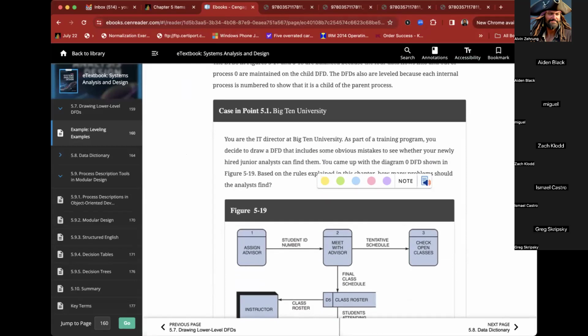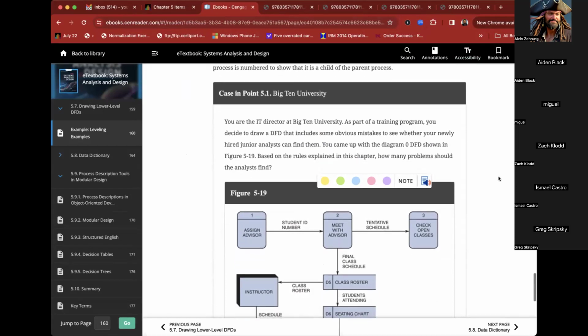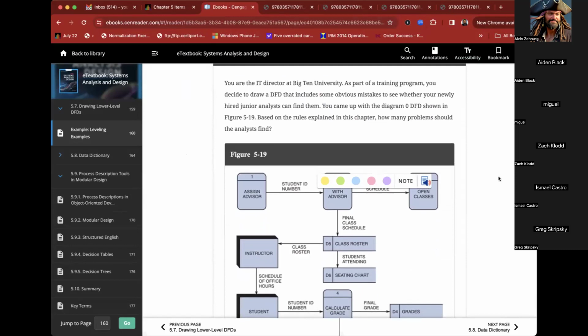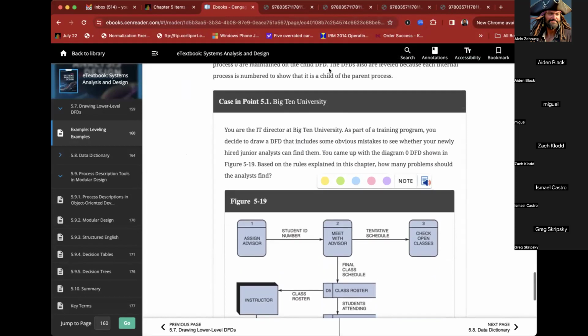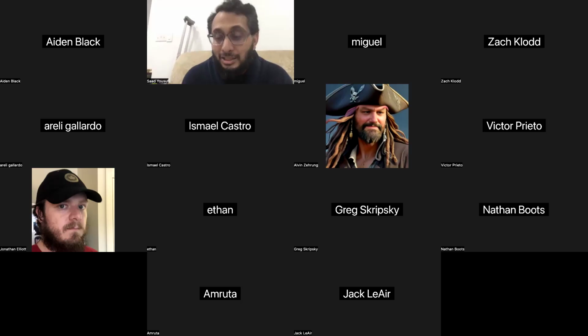I will be putting you guys in a breakout room where you will analyze this diagram and make a list of what is wrong with this diagram. How many rules is it breaking? Okay, that's page 160, case in point 5.1. And just give me 1 minute.